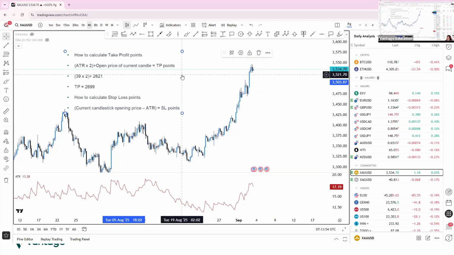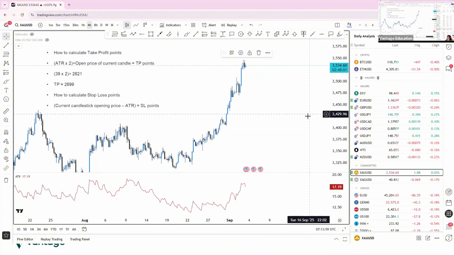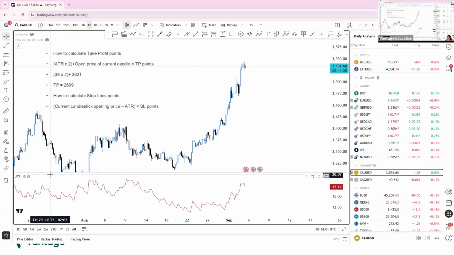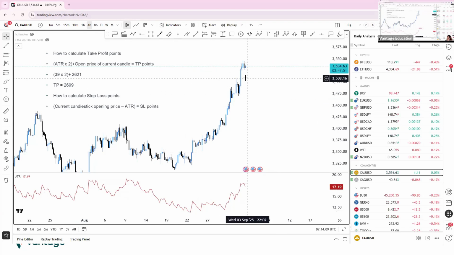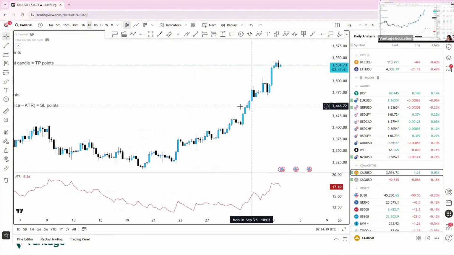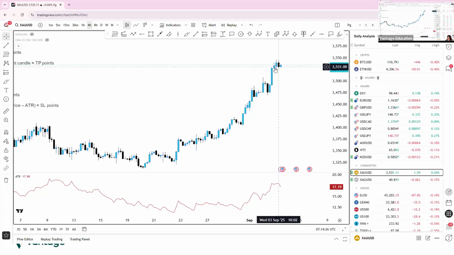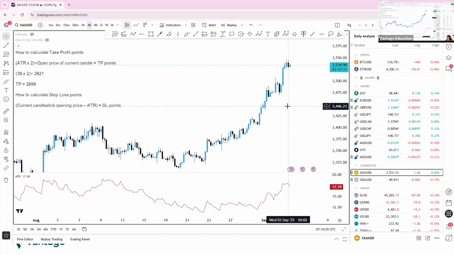One, you will see that I'm going to sell gold. Based on the H4 time frame, the ATR is about 17.9, or you can just use the mouse to hover over the candle. It's about 17.98, 17.91, 17.91, 17.72. This is just an average.